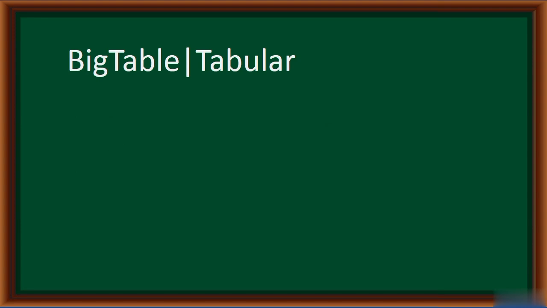The next type we're going to talk about is big table or tabular databases. Bigtable is named after Google's own implementation of the big table. Each row in a tabular database can have a different set of columns.